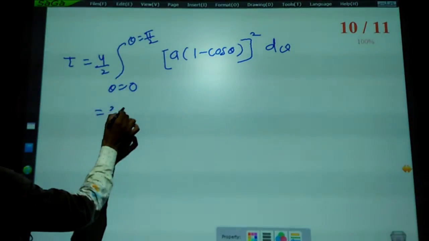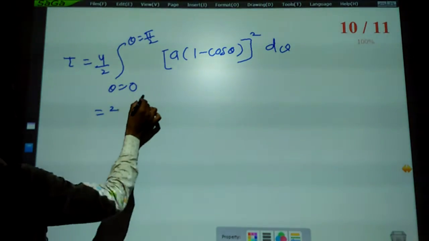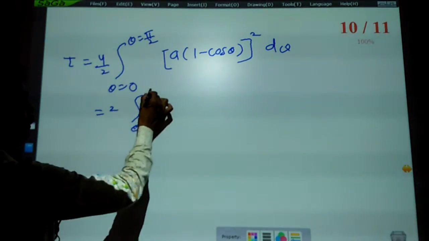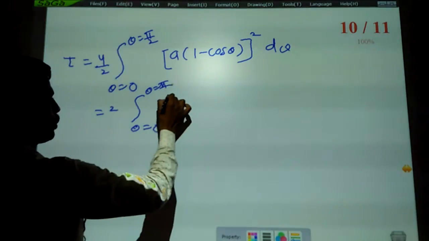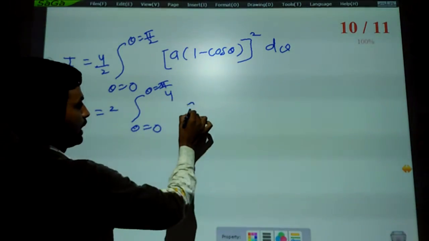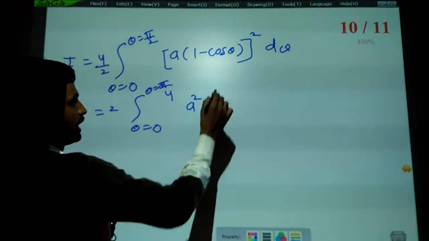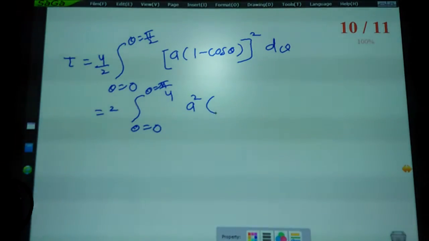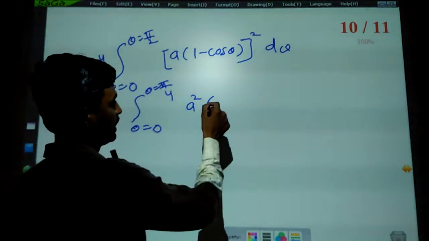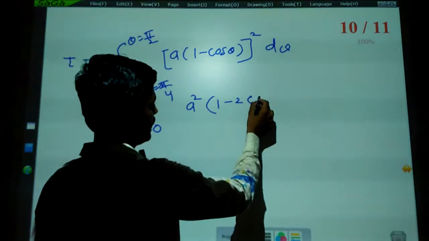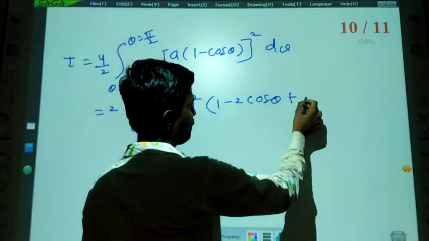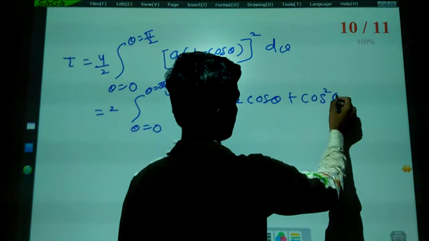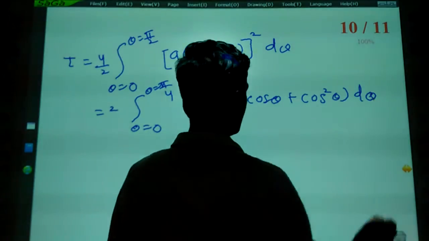So simplify this, 2 as it is, theta equal to 0 to pi by 4. Simplify, a square, use here (a minus b) whole square, that is a square minus 2ab plus b square, into d theta.